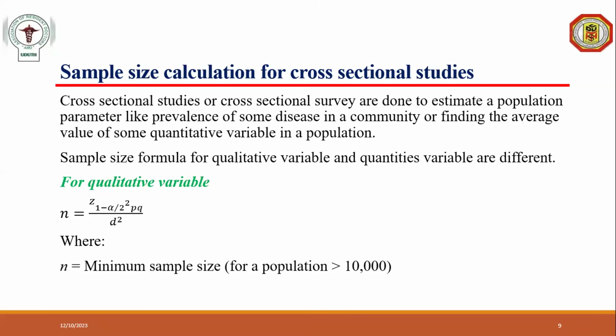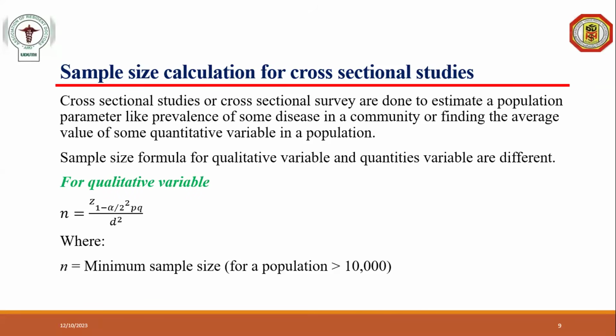And in summary, this formula is also summarized as Z alpha PQ square over D square, or Z PQ square over D square. That is the same formula. But this is the right description of the formula: Z subscript 1 minus alpha over 2 square, then PQ all over D square.